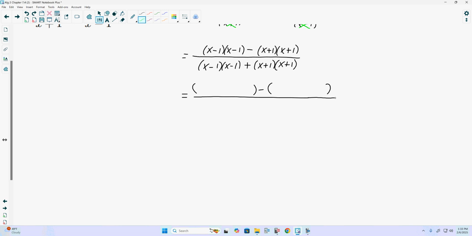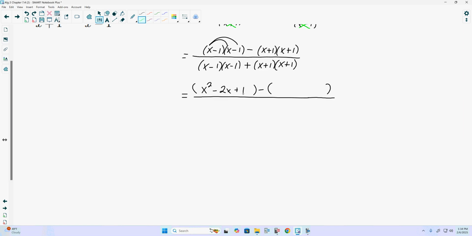So we need to multiply these out. I'm going to be nice, I'm going to skip a step here and actually do x minus 1 times x minus 1. We get x squared minus 2x plus 1.